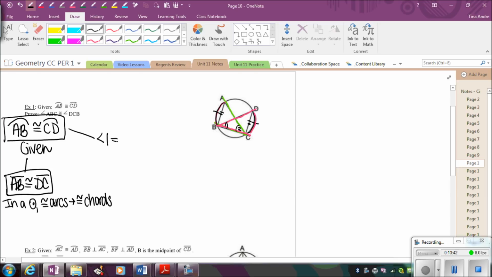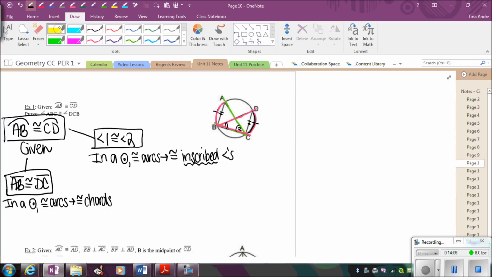I can say angle 1 is congruent to angle 2 because in a circle, if you have congruent arcs, that implies you have congruent inscribed angles. Again, you have to make sure you mention the fact that those angles are inscribed, that they're the same type.